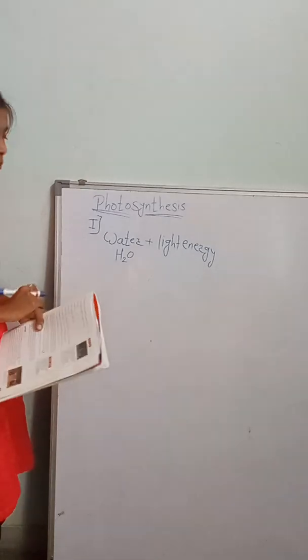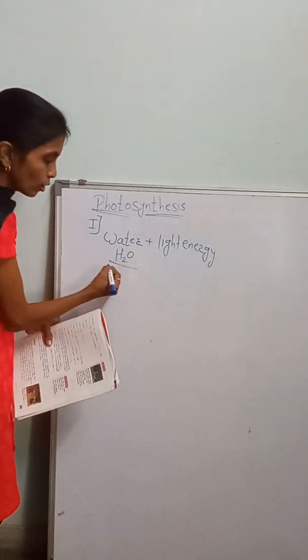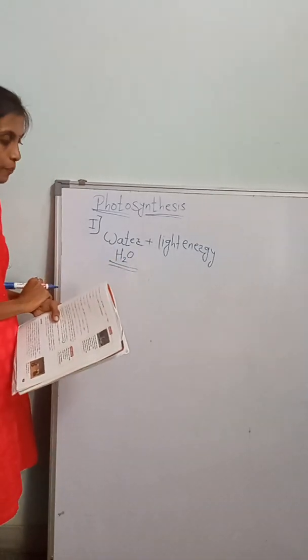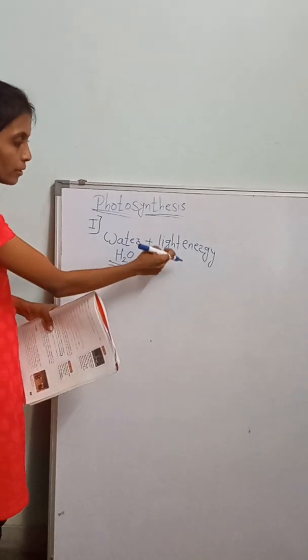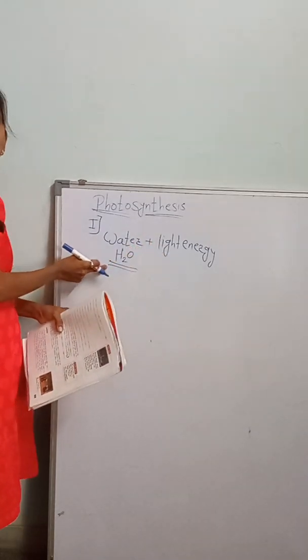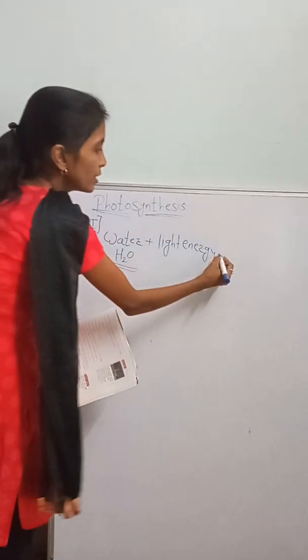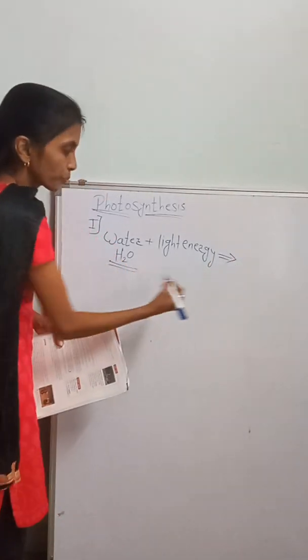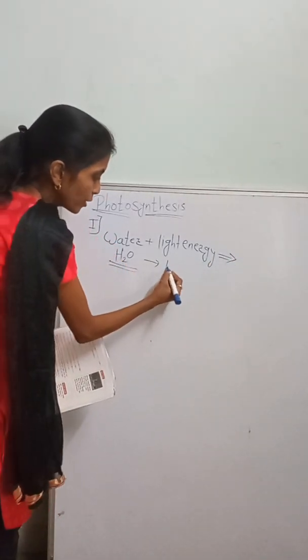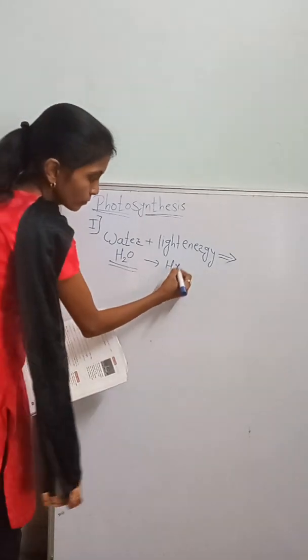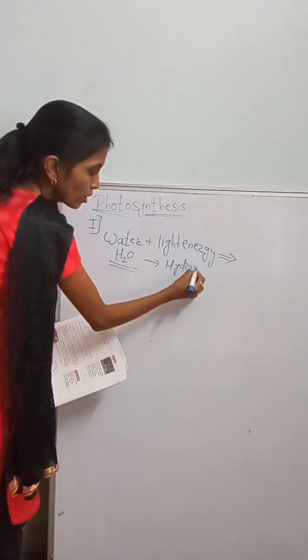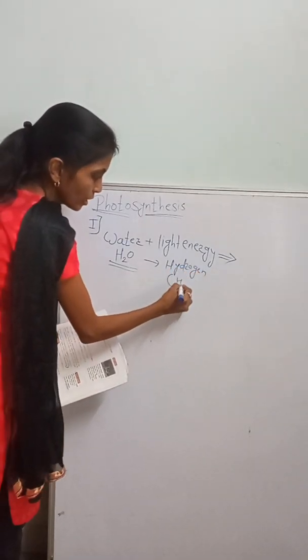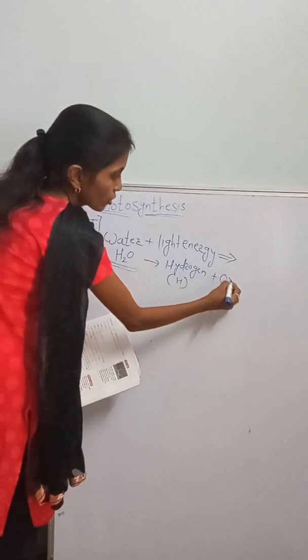H2O. When light energy splits up this water, it splits into hydrogen, H, and oxygen.